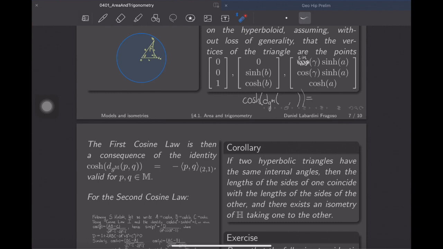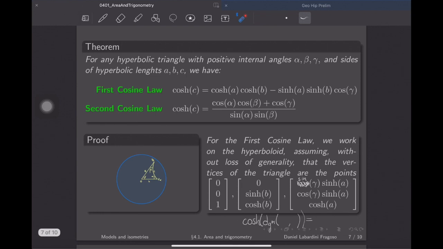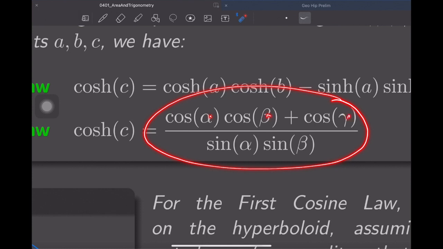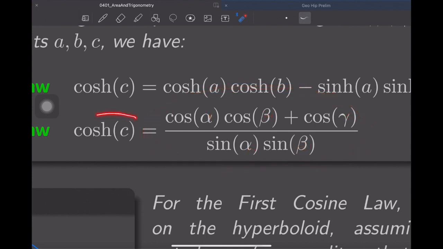So you see, this Euclidean phenomenon of having triangles of very different sizes but similar to each other doesn't happen in the hyperbolic plane. And the reason is the second cosine law. If you see the three angles here on the right hand side, only angles appear, and on the left hand side is a function which is injective on positive real numbers.